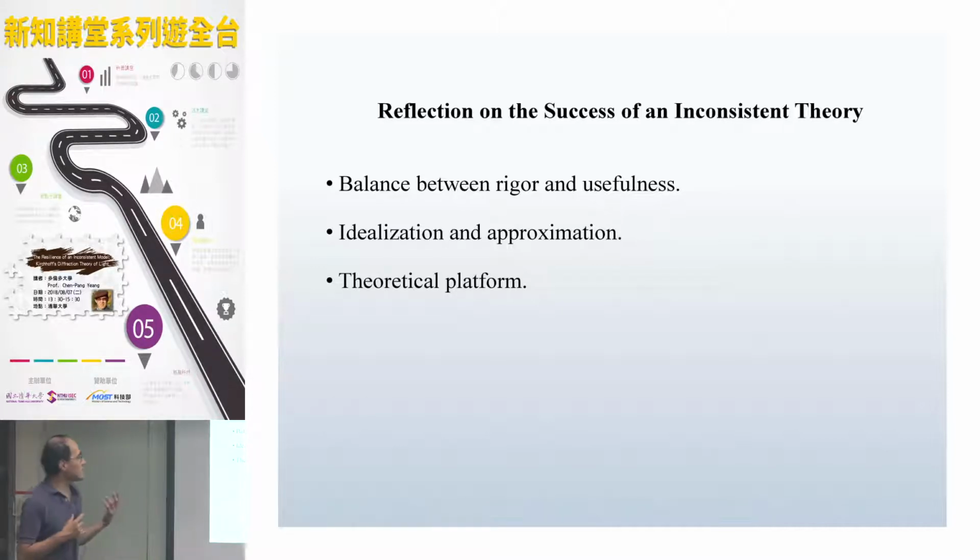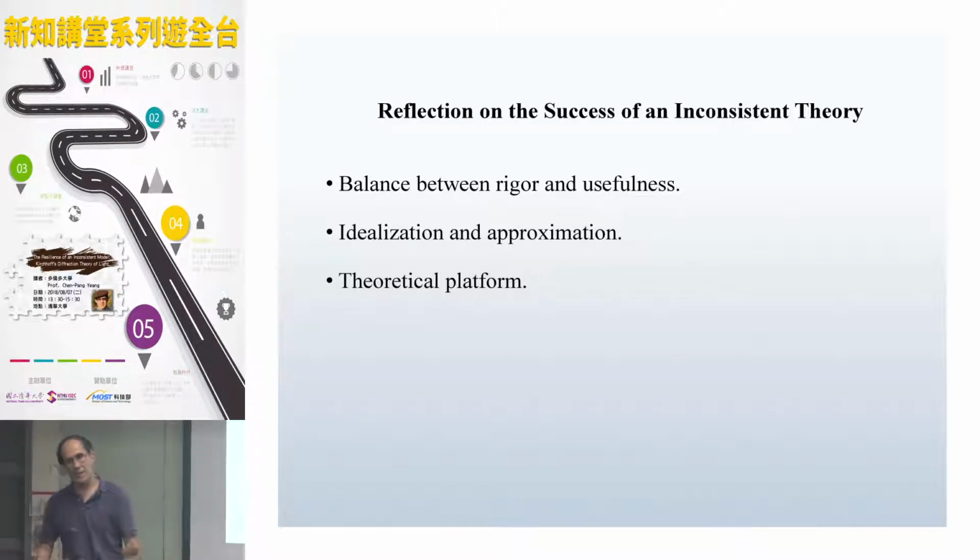In this kind of reflection, we have to pay attention to the balance between rigor and usefulness. A theory can sometimes be very useful but not very rigorous, and the other way around. But in scientific practice, scientists were always struggling between rigor on the one side and usefulness on the other. So I think this is a wonderful story to demonstrate that delicate balance between rigor and usefulness.